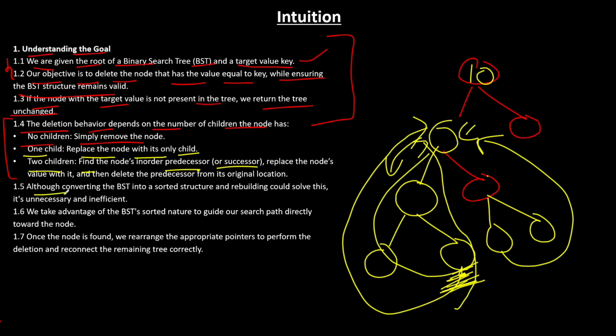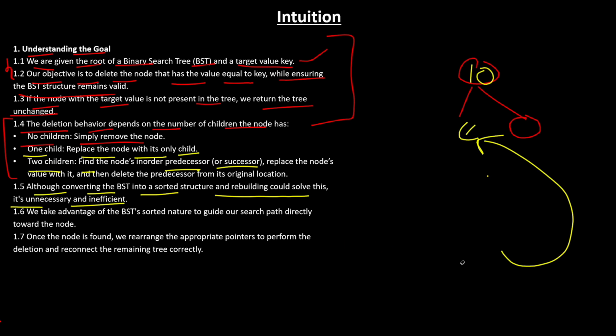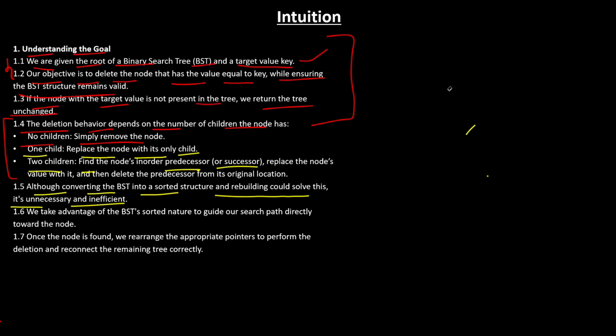Also, converting the BST into a sorted structure and rebuilding could solve this, but it's unnecessary and inefficient. What does that mean? Let's talk about the brute force solution. Suppose you are given a BST. You could just traverse the BST, look for the node to be deleted, and delete that node.